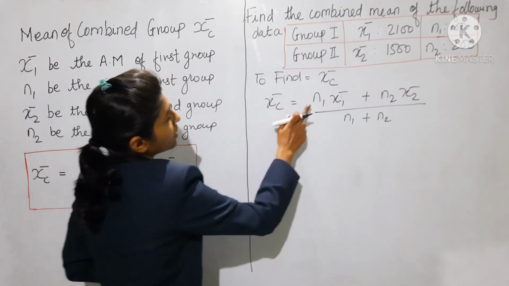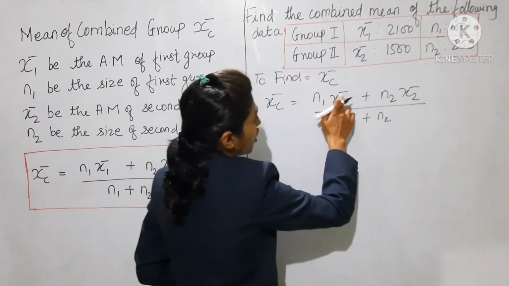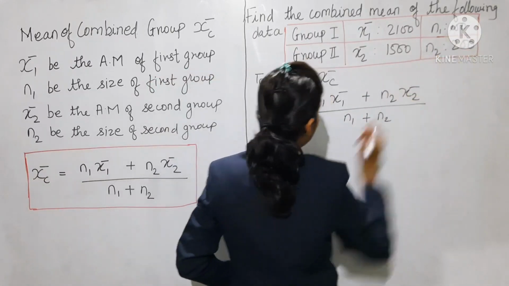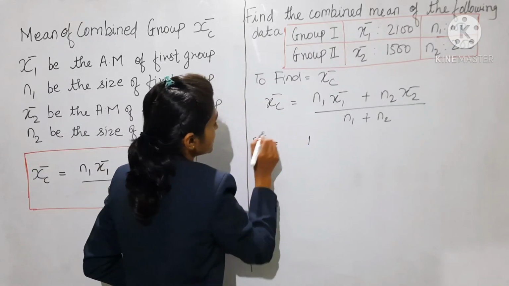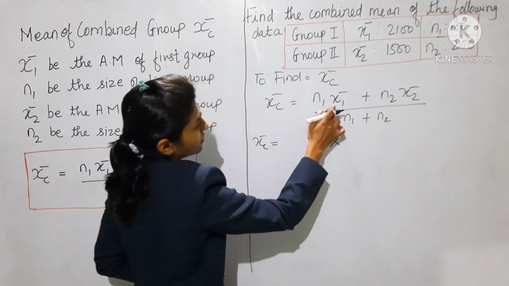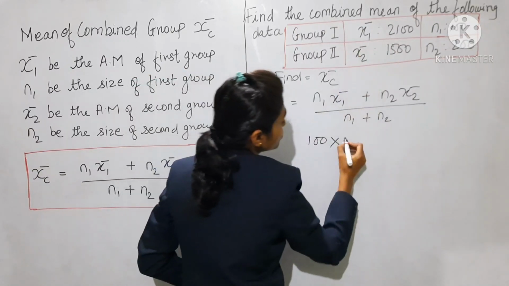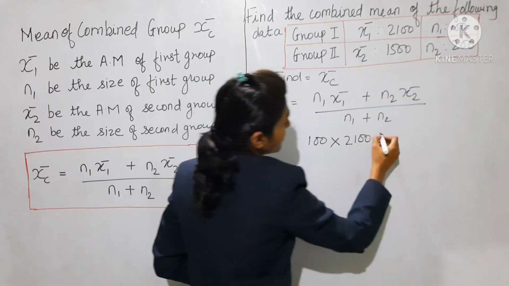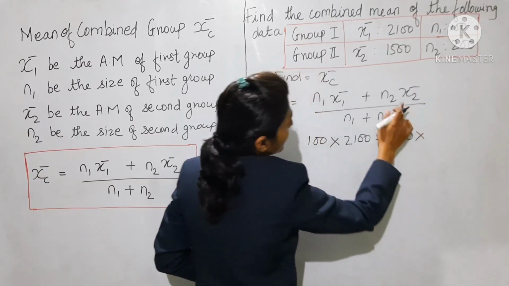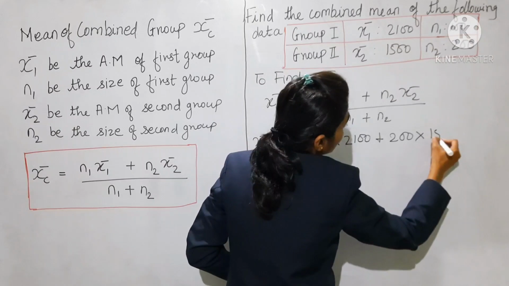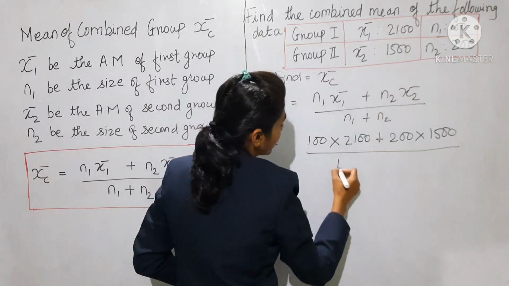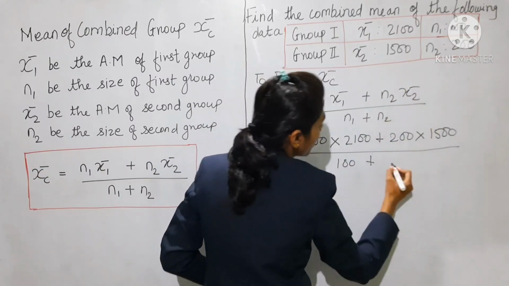Now put in the values as per the formula. n1 is 100, multiplied by x bar 1, which is 2100, plus n2, which is 200, multiplied by x bar 2, which is 1500, divided by n1 100 plus n2 200.